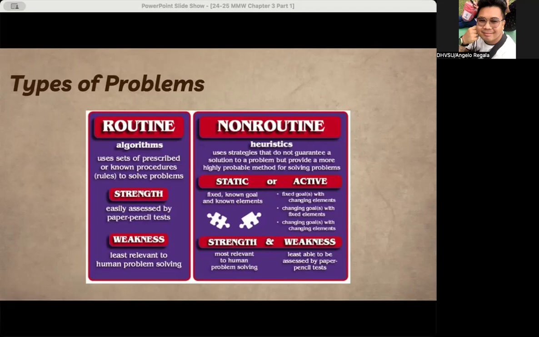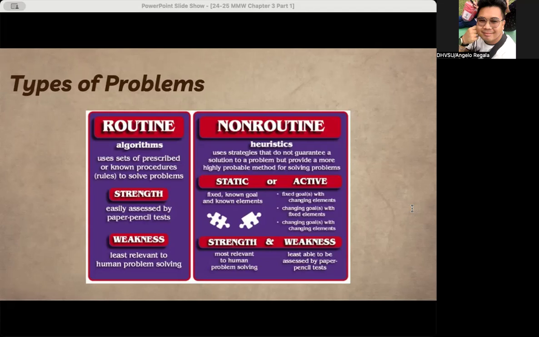Solve for the value of x, solve for the velocity of the vehicle, and so on and so forth. Okay? So on the other hand, we also have non-routine problems. Kapag naman po non-routinary, it stresses the use of heuristics and often requires little to no use of algorithms.